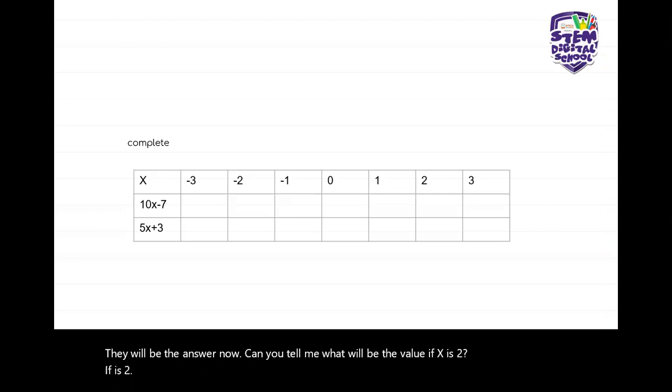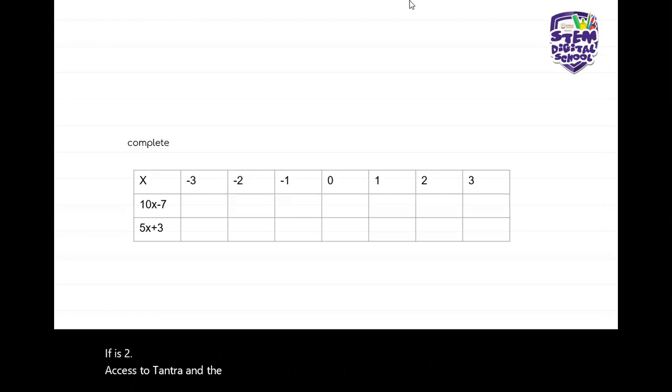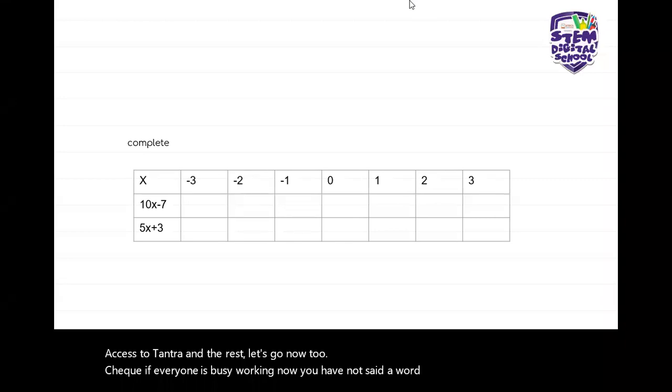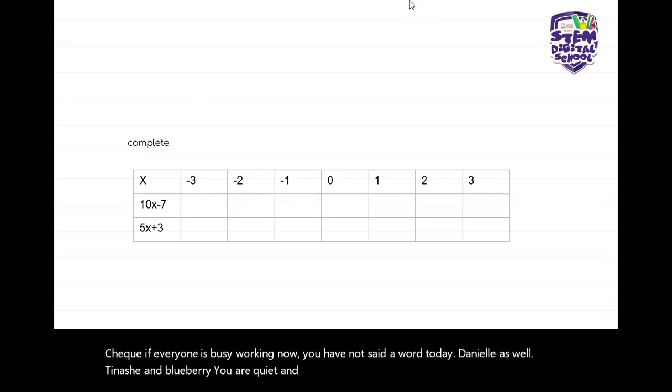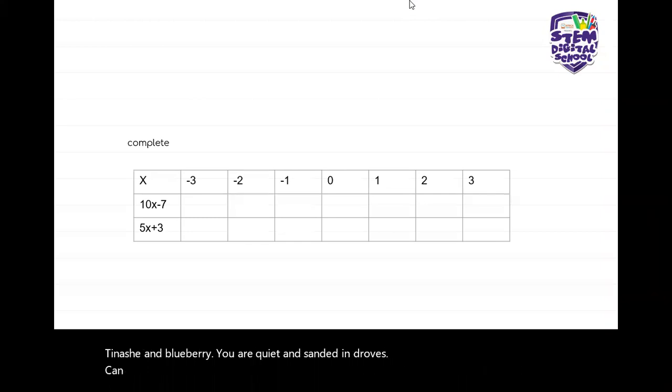If x is 2, let's go now to check if everyone is busy working. Khumulemo, you have not said a word today. Khumulemo, Daniel as well. Tinashe and Mube, you are quiet. And Zandi Lendlovu. Can we now carry on?